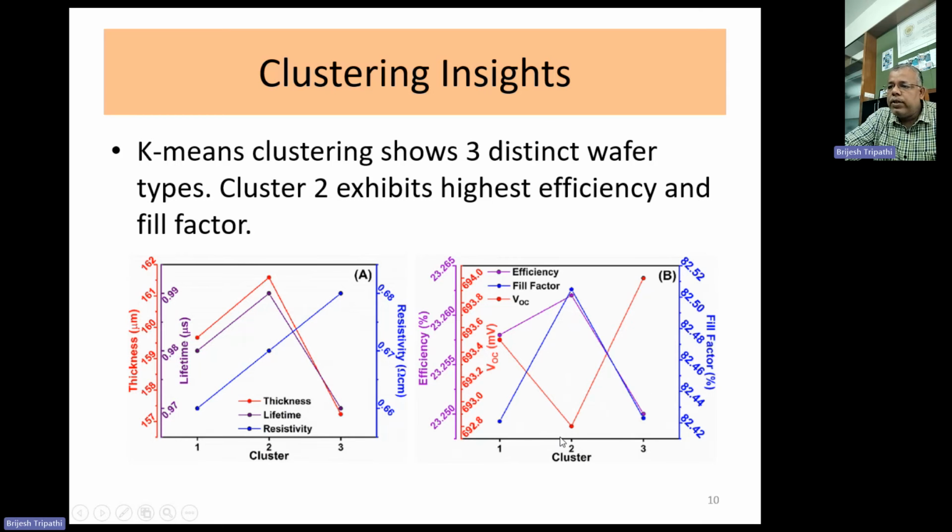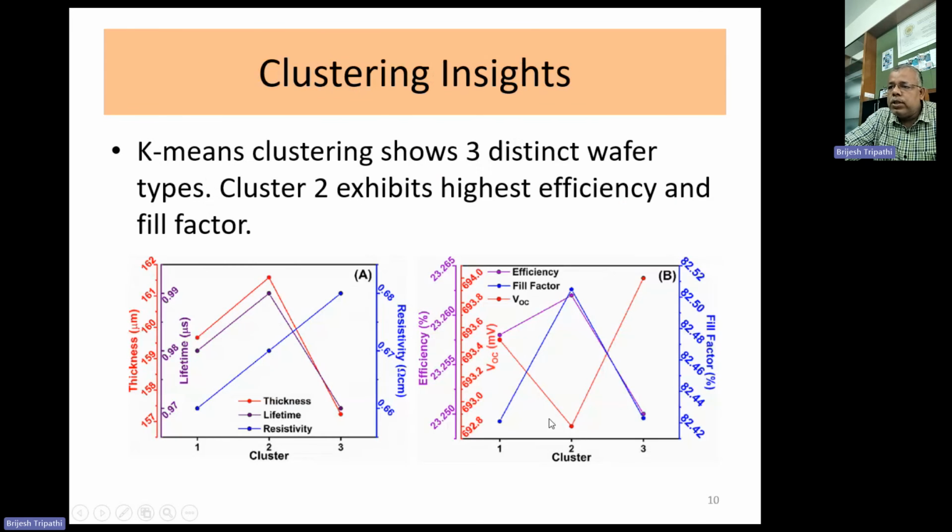Similarly, here in this figure we can see that open circuit voltage is going towards the lower side, but there is not a very big variation. The lowest value is 692.8 millivolt and the maximum value is 694 millivolt. And efficiency and fill factor are maximum for cluster 2.